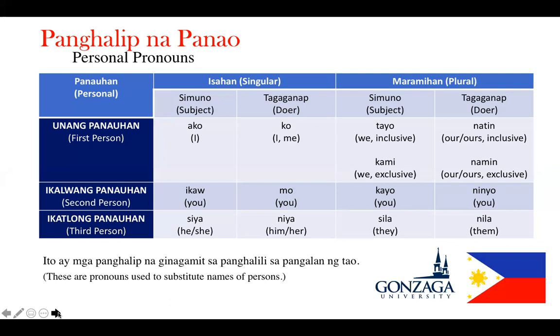And then Dawson will tell Piper, tayo ay pupunta ng Gonzaga. Punta means go. So what does it mean? Yeah, we go to Gonzaga, or we will proceed to Gonzaga, we will go to Gonzaga. But if Dawson tells Piper, kami ay pupunta sa Gonzaga, that means Piper is not included. Only Dawson and his friends.